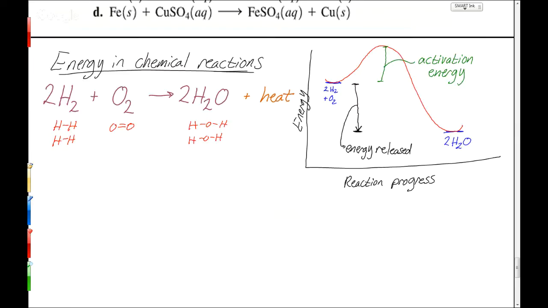So a lot of times, that's what our activation energy is. It's to add heat in a particular way. If you think about fuel, like gasoline, gasoline's been sitting in the ground for millions, billions of years. It doesn't just explode, right? It doesn't just burn. You can put it in your car, it doesn't burn. You can leave it out, it doesn't burn. But as soon as it gets a spark, that's when it starts to burn.